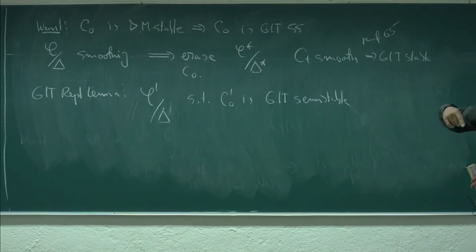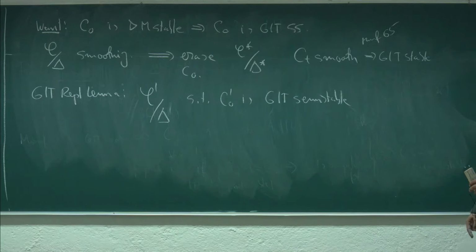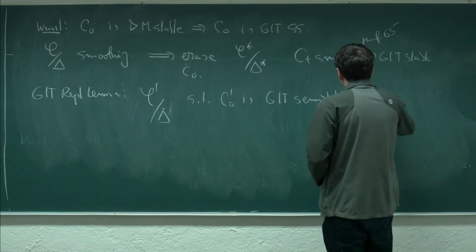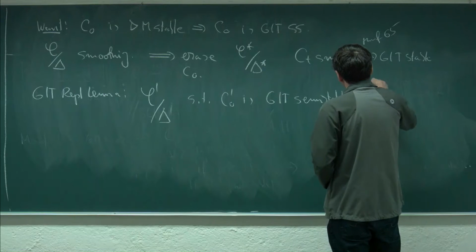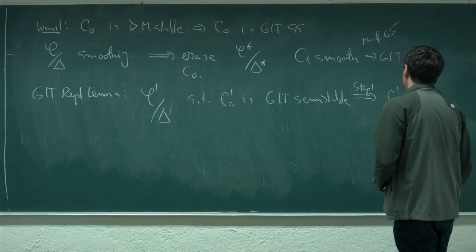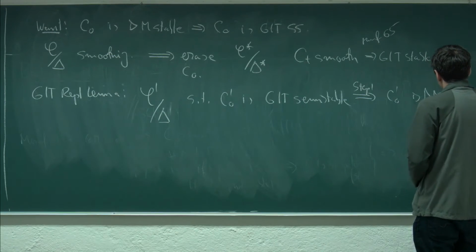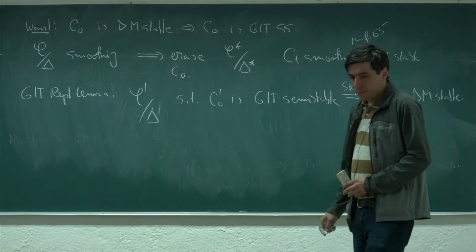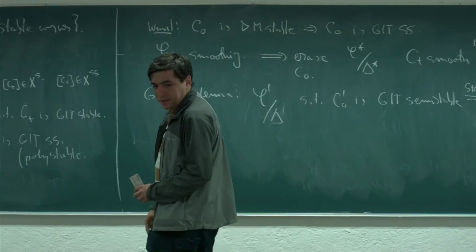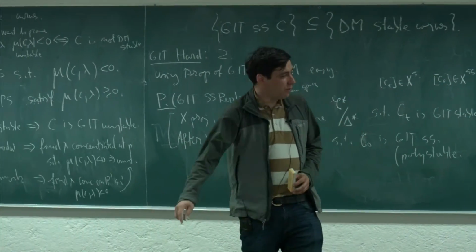So after base change, I can fill in such that the new central fiber is GIT semi-stable. But now by step 1, I know that C0 prime is DM stable. I already proved that. I want to prove the converse.